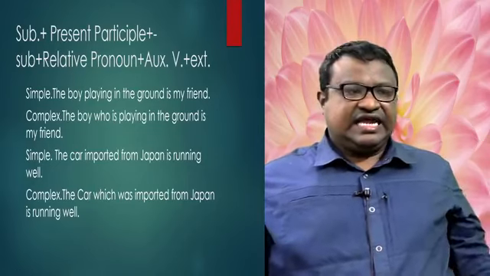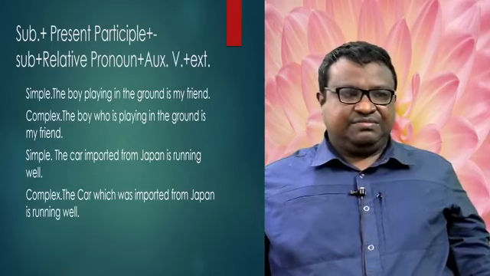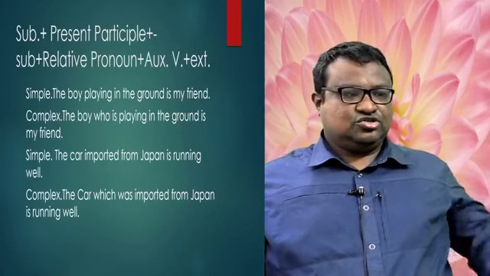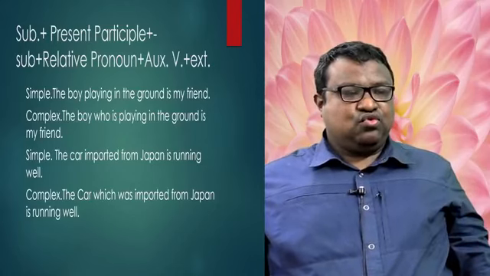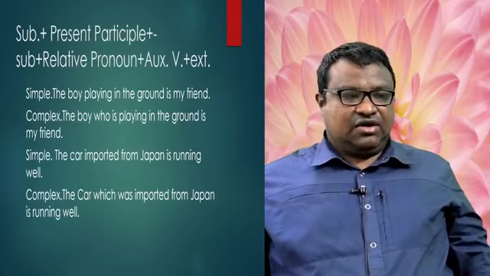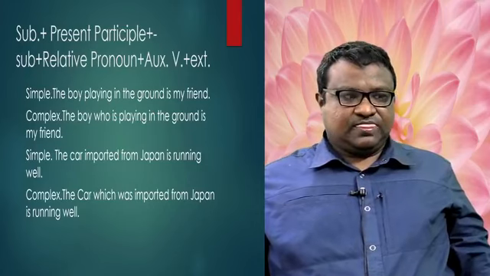Here we find that the boy is a living being, he is a person, so we are using who. Then: The boy who is playing in the ground is my friend.